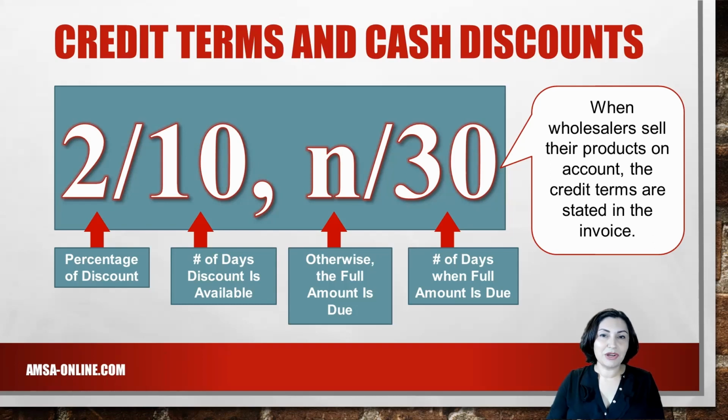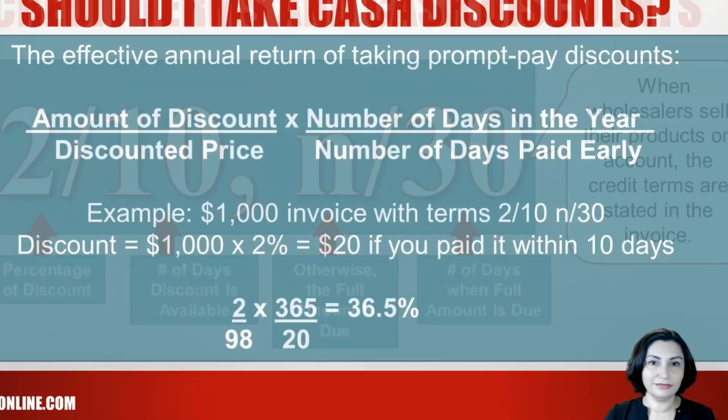The second number represents the discount period. The letter N stands for the word net. The last number represents the entire credit period. In our example, if the customer pays within 10 days, then a 2% discount may be taken. If not, then the entire amount is due within 30 days.